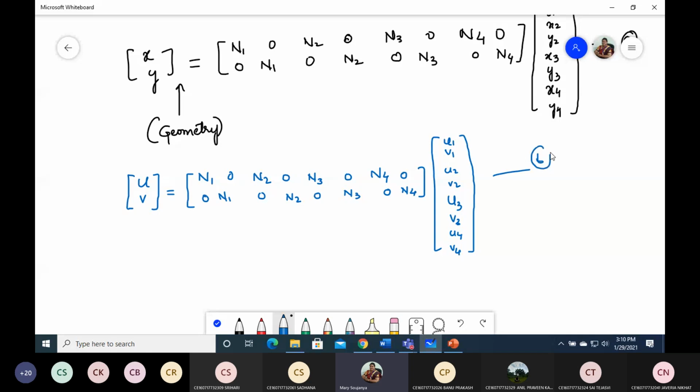Let this be equation number B. Now what is this here? This is the shape functions for displacements.